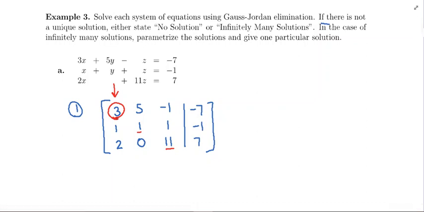Remember, the best way to achieve your 1s: either switch 2 rows if you can, or if not, you're going to have to multiply or divide the entire row by a non-zero number. Well, here, all we need to do is switch rows 1 and 2, because there is a 1 right here. If we switch the rows, that'll put a 1 right here.